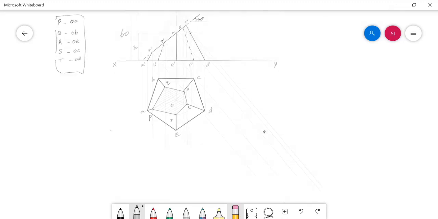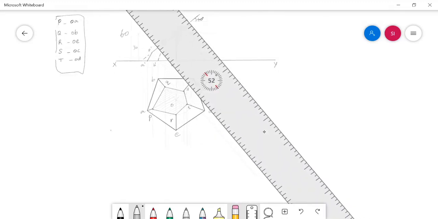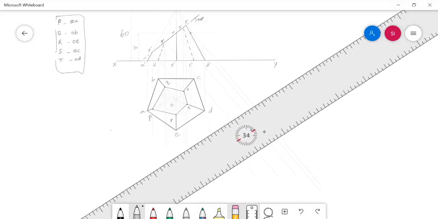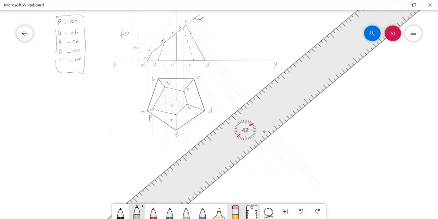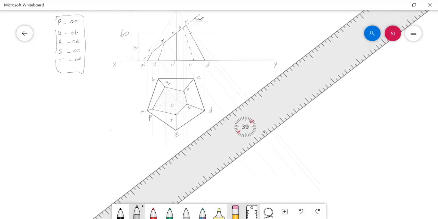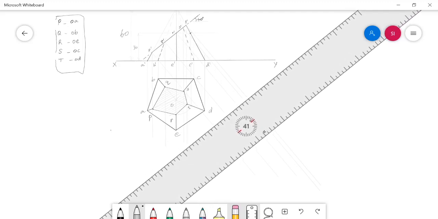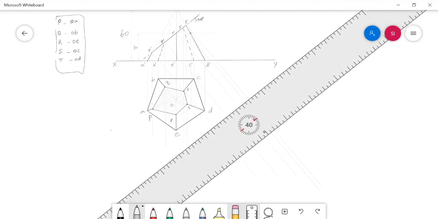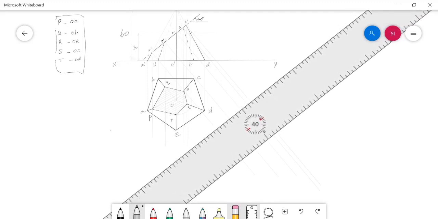Yes. After drawing the projectors at a convenient place, we have to draw the auxiliary reference line which is parallel to our cutting plane.